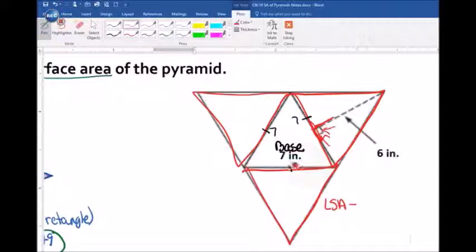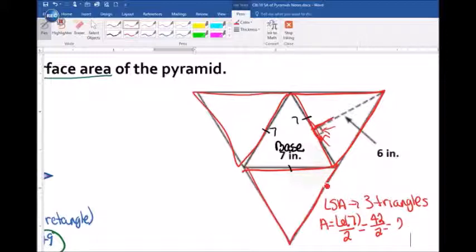So my lateral surface area includes 3 triangles. The area is 6 times 7 divided by 2, which is 42 divided by 2, and that's 21. But we have 3 of them because there are 3 triangles. So the lateral surface area is actually 63 inches squared.